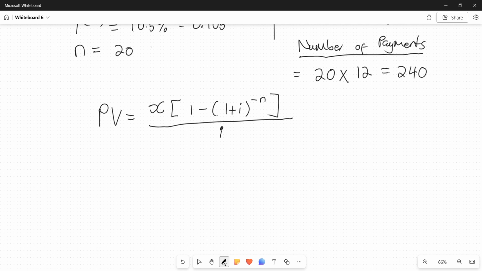Let's multiply both sides by I, so it will be P, present value, multiplied by I equals x into 1 minus (1 plus I) to the power of minus n.